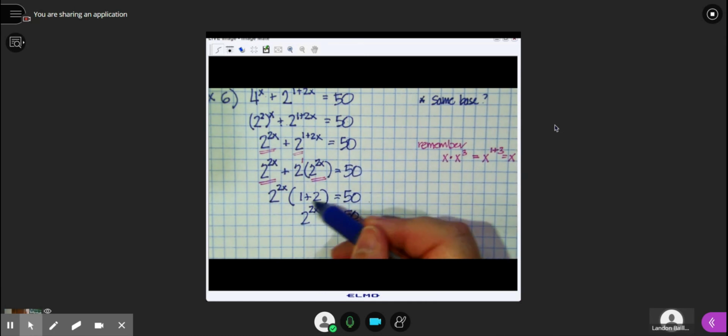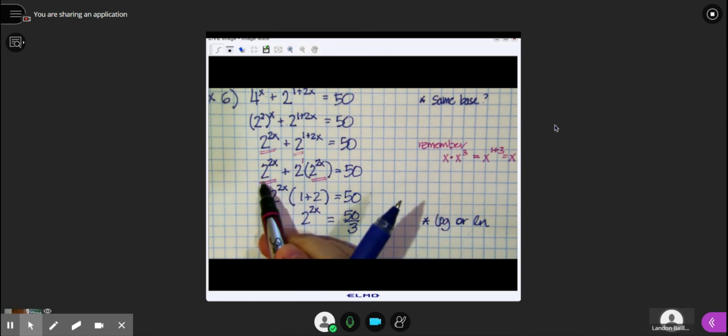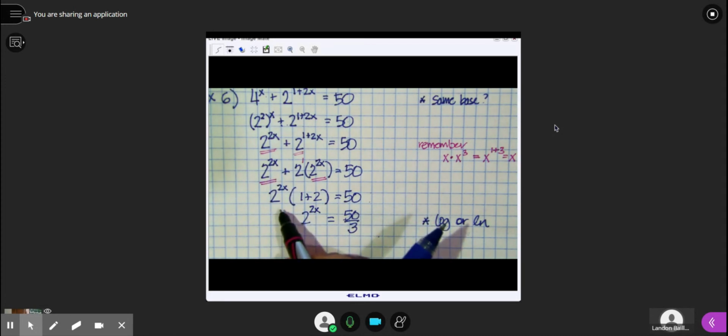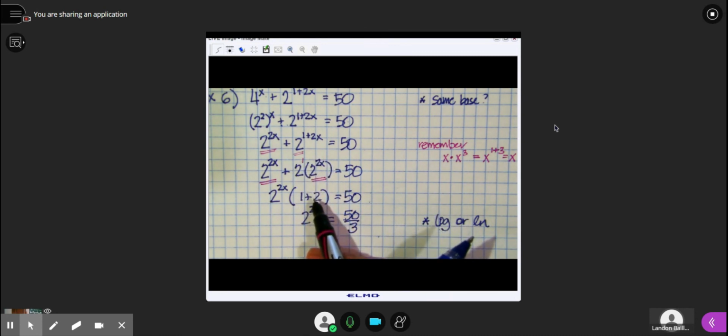And now that I have a single term on the left side and a single term on the right, I can use either log or ln. I took 2 to the 2x and I factored it out. So 2 to the 2x, dividing it out leaves me with a 1. And when I take a 2 to the 2x out of here, I'm left with a 2. And 1 plus 2 is?